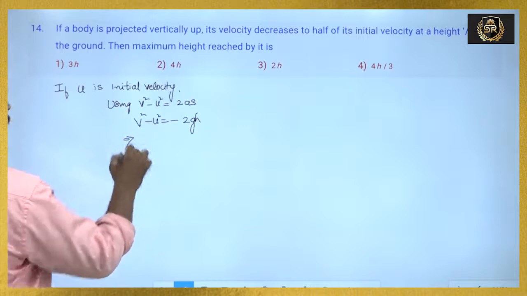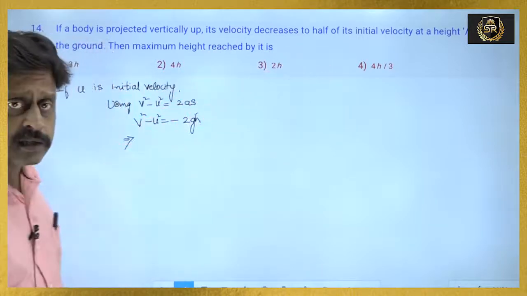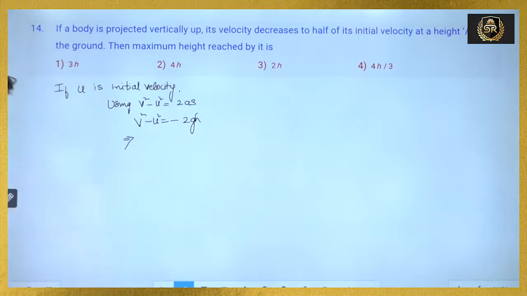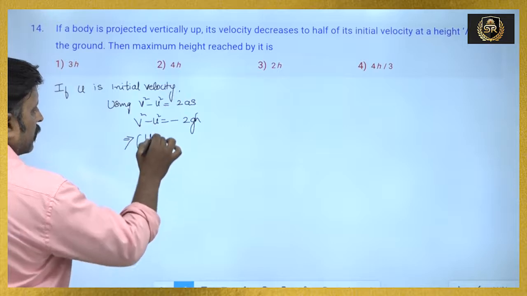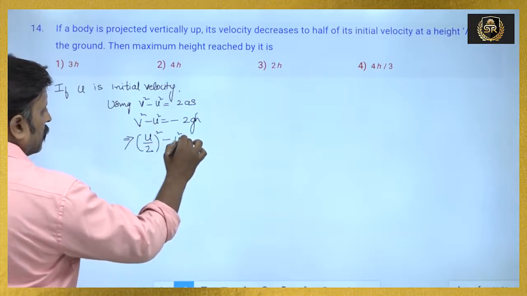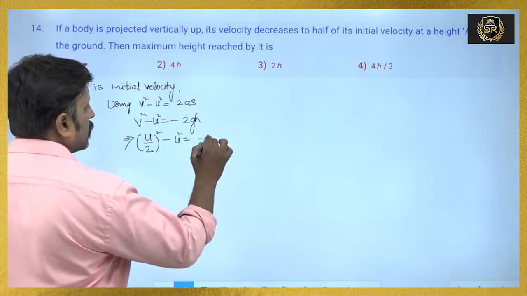So, see, its velocity decreases to half of initial velocity. So, in place of v, can I write u by 2 whole square minus u square equal to minus 2gh.